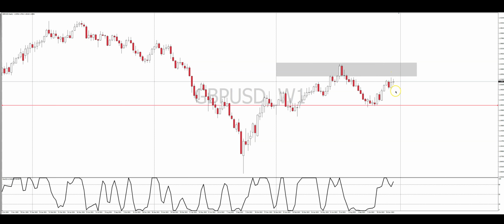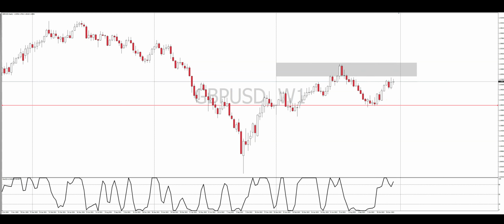So we can assume that price wants to go up and retest at least this resistance level that it found last time. We can probably get between 200 and 300 pips out of this move.